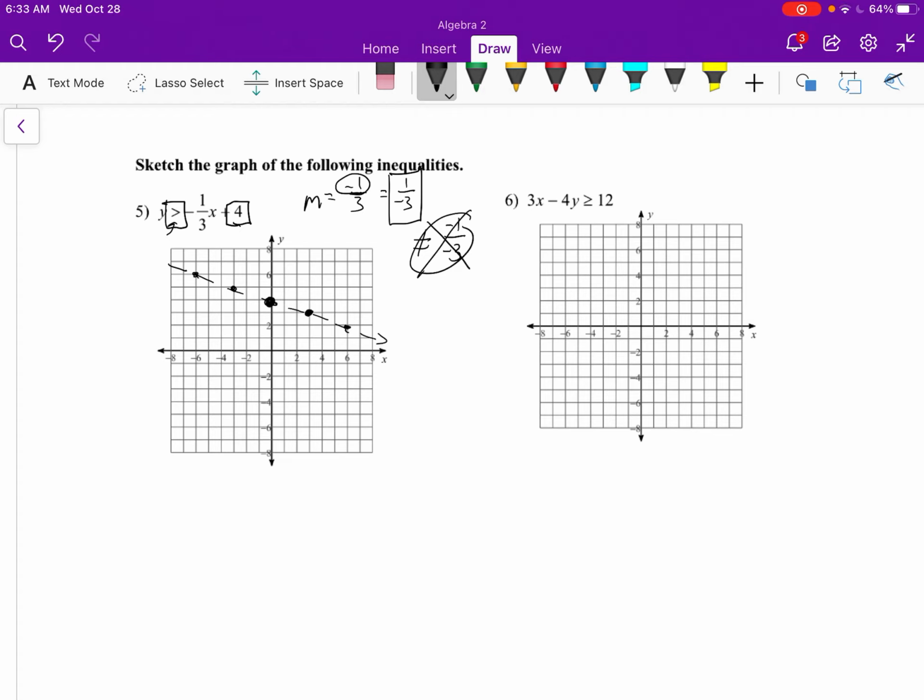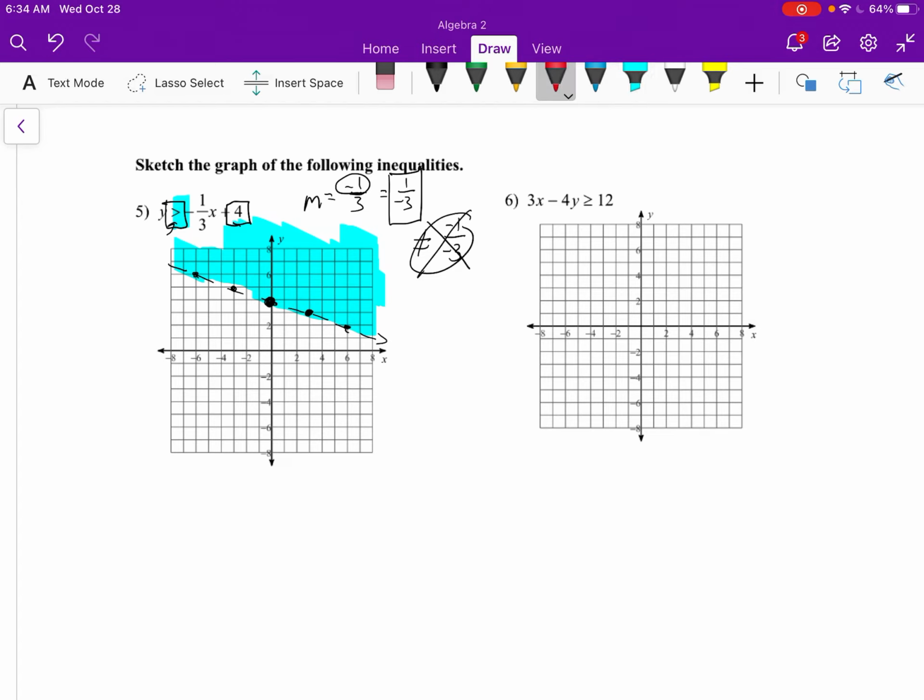They will only include the shaded part. And then when we shade, it's greater than, so greater than we shade above the graph, and less than we would shade below it. But this is a greater than, so we are going to shade above this graph. And so all those points in that shaded section, except where I accidentally went over the line, are solutions to that inequality.